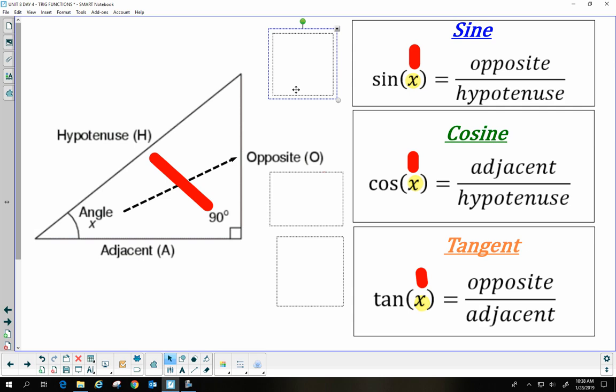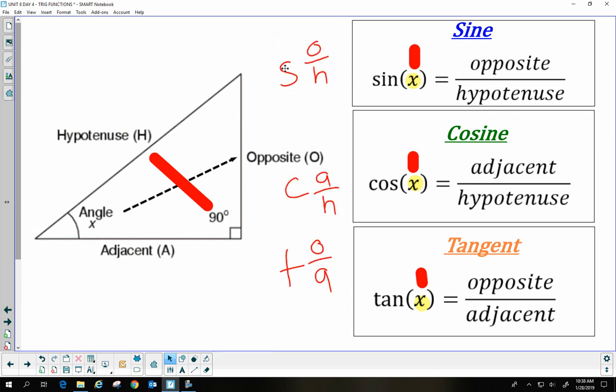And so we can shorten these functions up, and we have a couple ways to remember these relationships. One of the common ways to remember is SOH CAH TOA. So sine O over H, cosine A over H, tangent O over A. Another way I remember is that Oscar had a heap of apples.